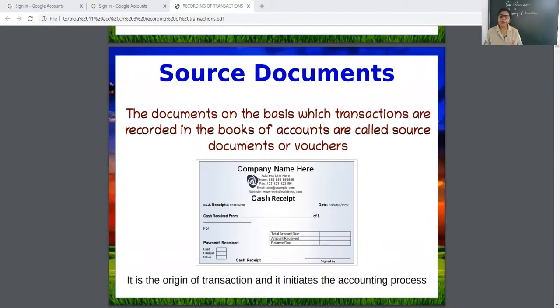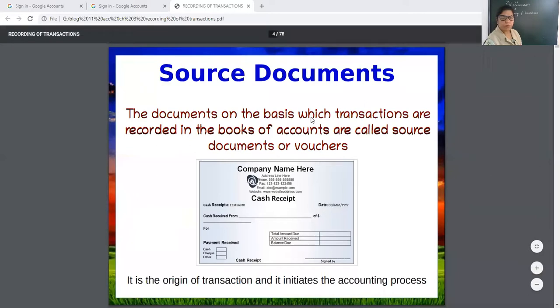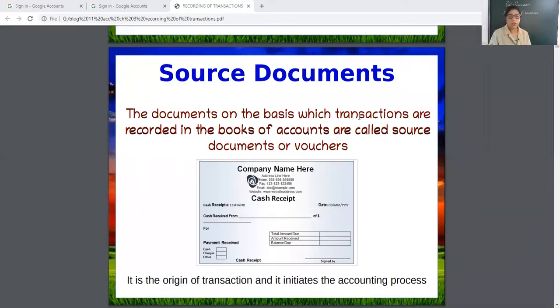The documents on the basis of which transactions are recorded in the books of accounts are called source documents. It means there is some proof, some vouchers, some receipts which you will have, and on that basis you have to record all those transactions in the books. See, this is the cash receipt.